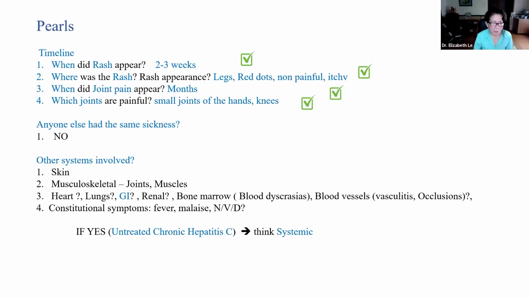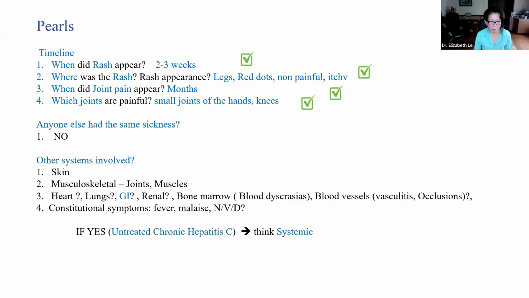Okay, I got it. We review all the systems involved. He had a skin rash. He had musculoskeletal problems, joints involved with the hands and the knees. Is anything else involved, like the heart and lungs, GI? Yes, GI, because he had untreated chronic hepatitis C. Renal, bone marrow, blood vessels problem, not really.